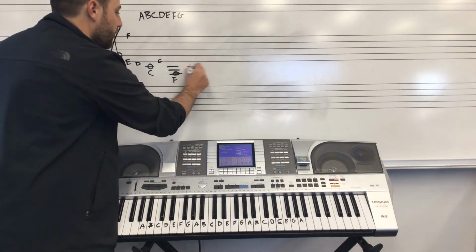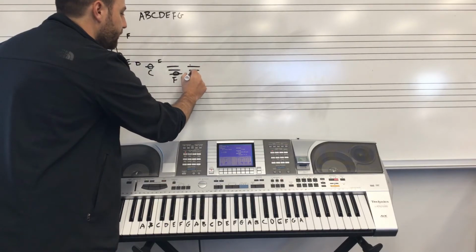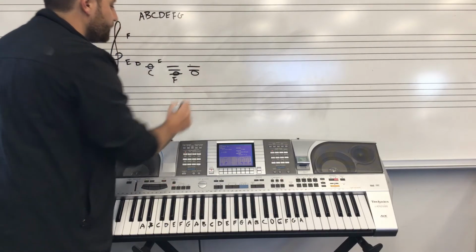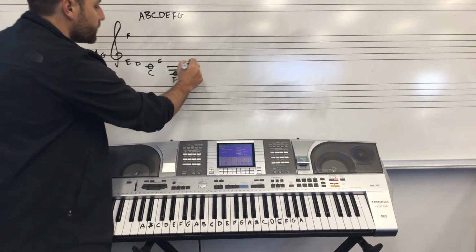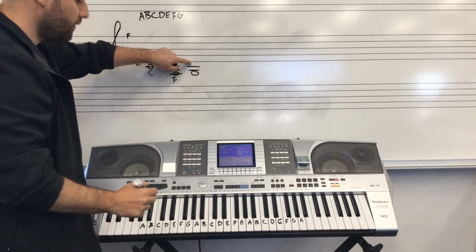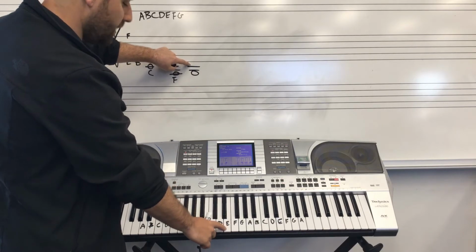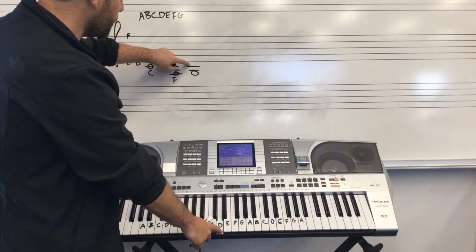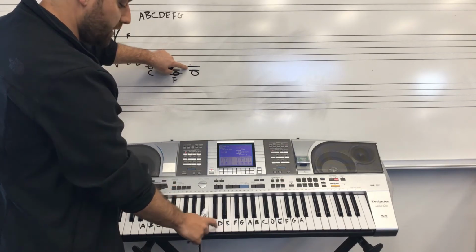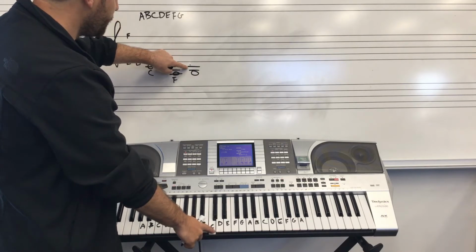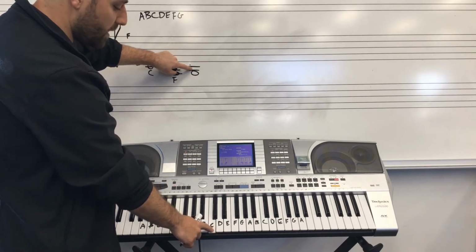Okay, let's do another low ledger line example. Let's do this one. Okay, so E is right here, and this is the E above middle C. D is the space below the staff. The first ledger line is middle C. Then we go down to the space below that.